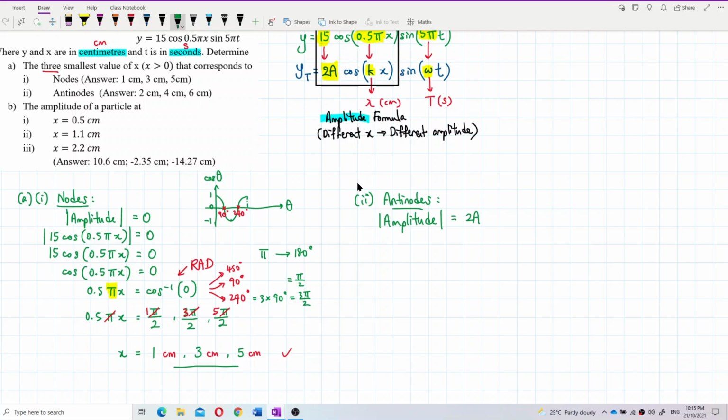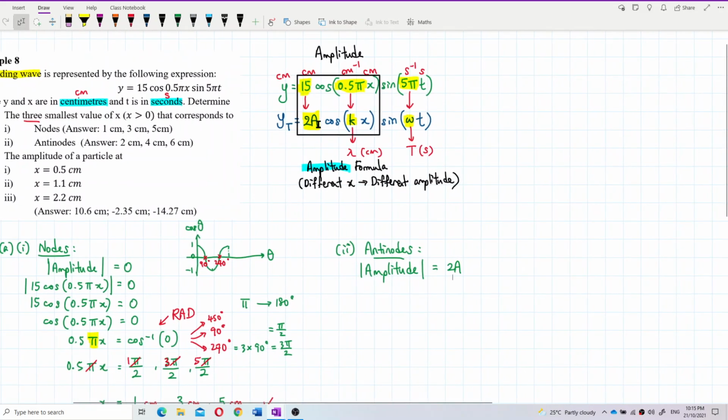However, our 2a is 15. You can straight away just write 15. Our 2a is actually 15.